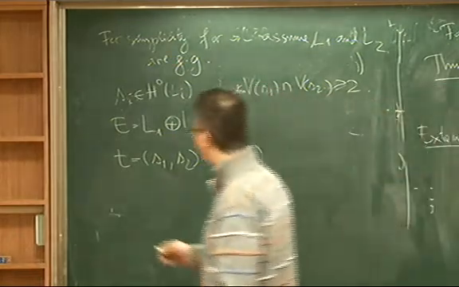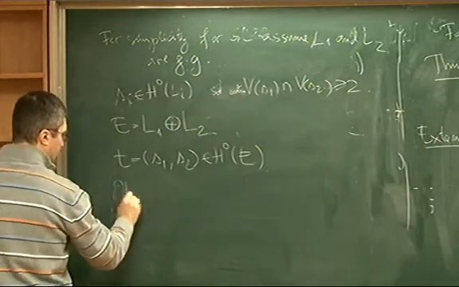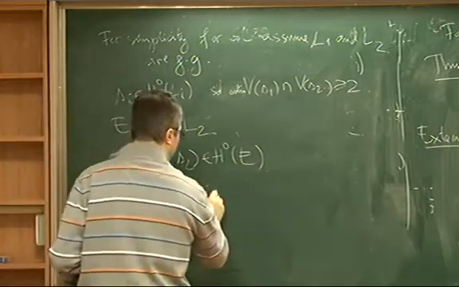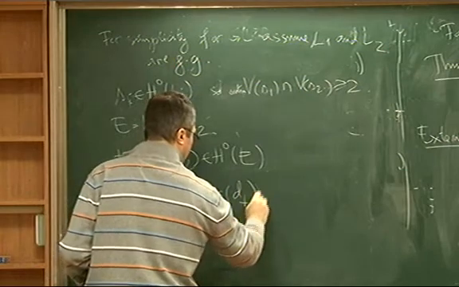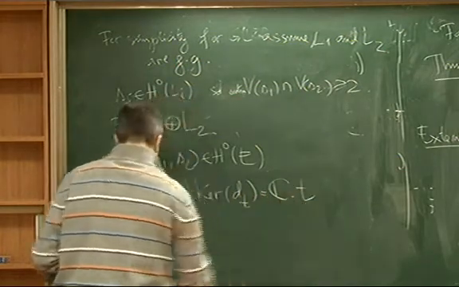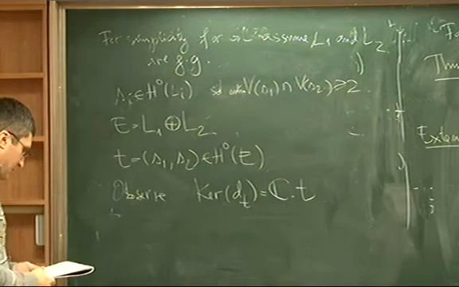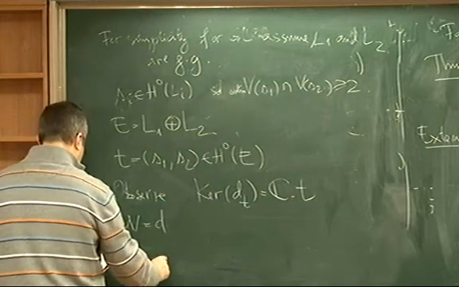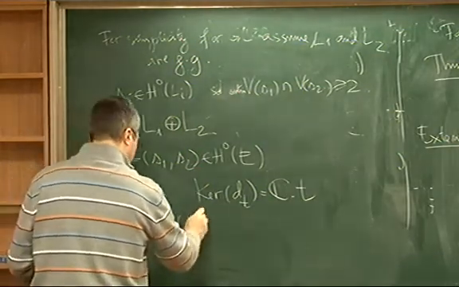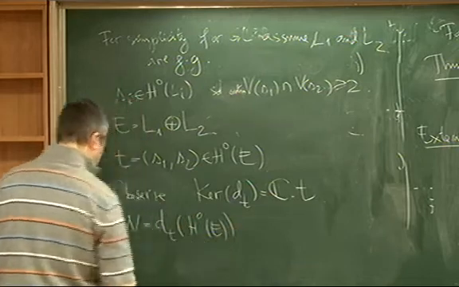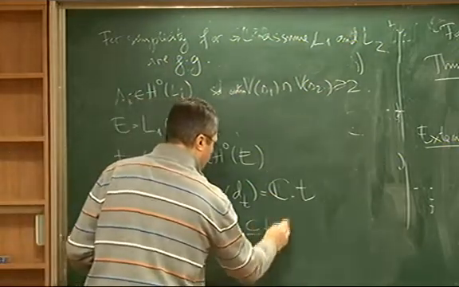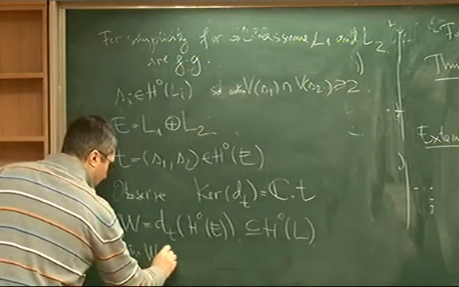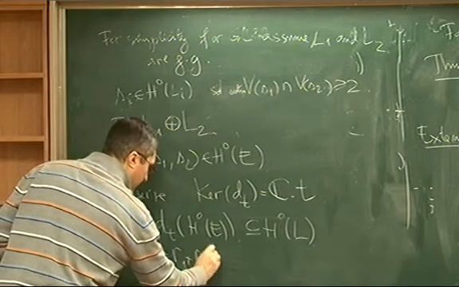Take t to be this pair, and observe that the kernel of dt is generated by t. We can consider W in H0 of L, the image of H0 of E. This is of dimension R1 plus R2 plus 1, right?